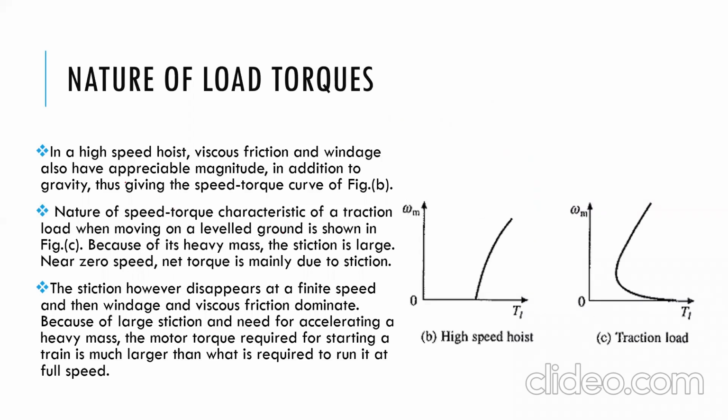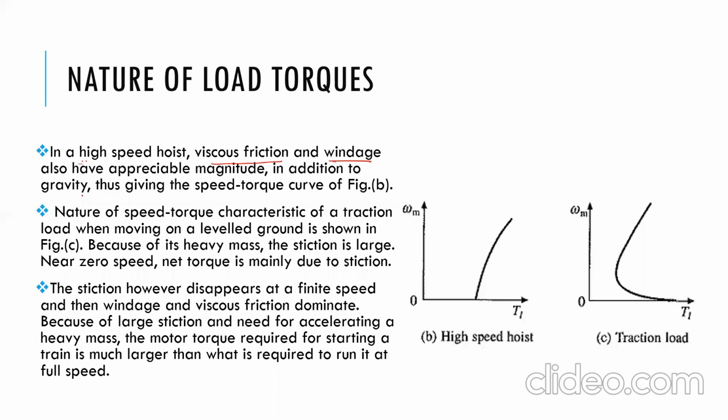Next is the example of high speed hoist. Now here it is a high speed hoist. Means what, you have to consider windage loss also. In a high speed hoist, viscous friction and windage also have appreciable magnitude in addition to gravity. Earlier we saw the low speed hoist, in which case gravity is the dominant part.